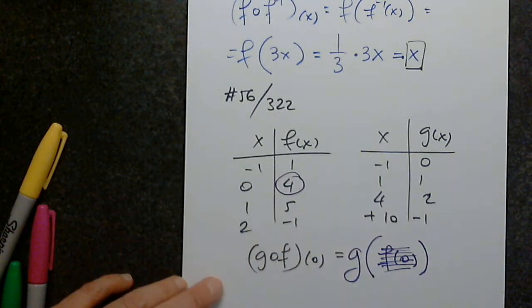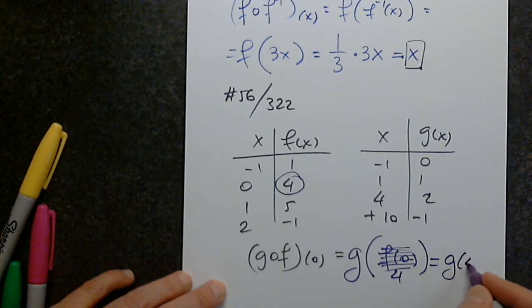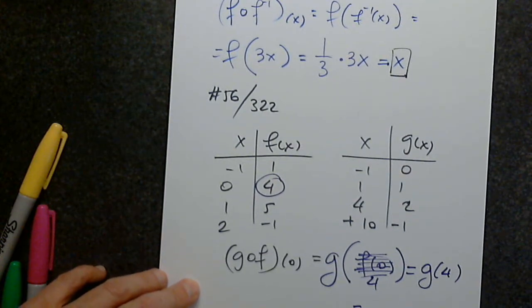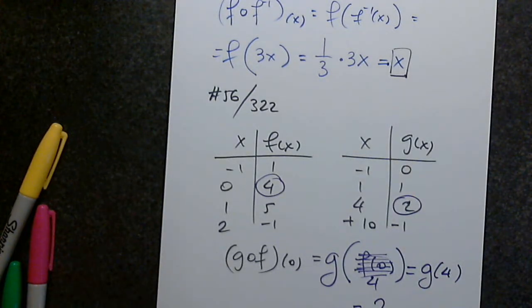Very good. f of 0 is 4. So if this is 4, then I'm asked to find g of 4. Can anyone give us g of 4? 2. Excellent. g of 4 is 2. Perfect.